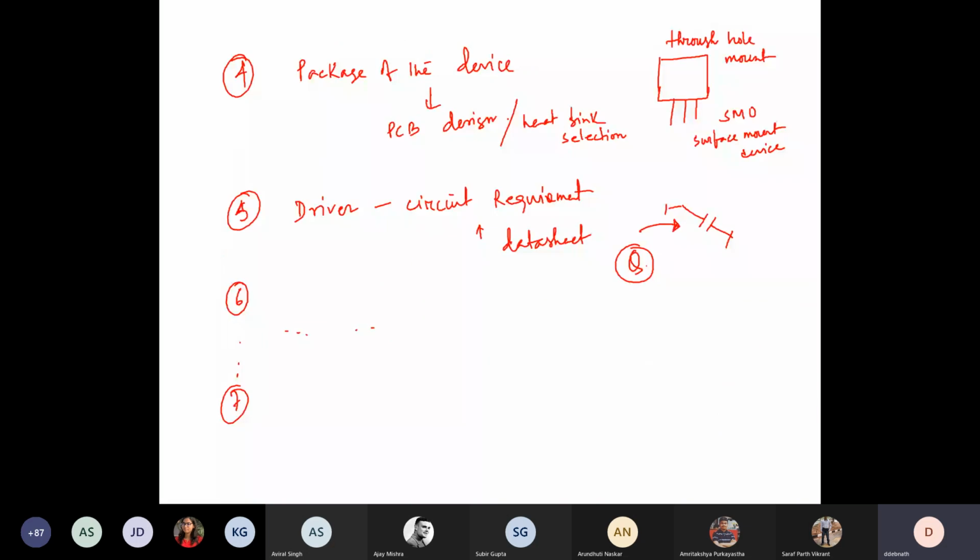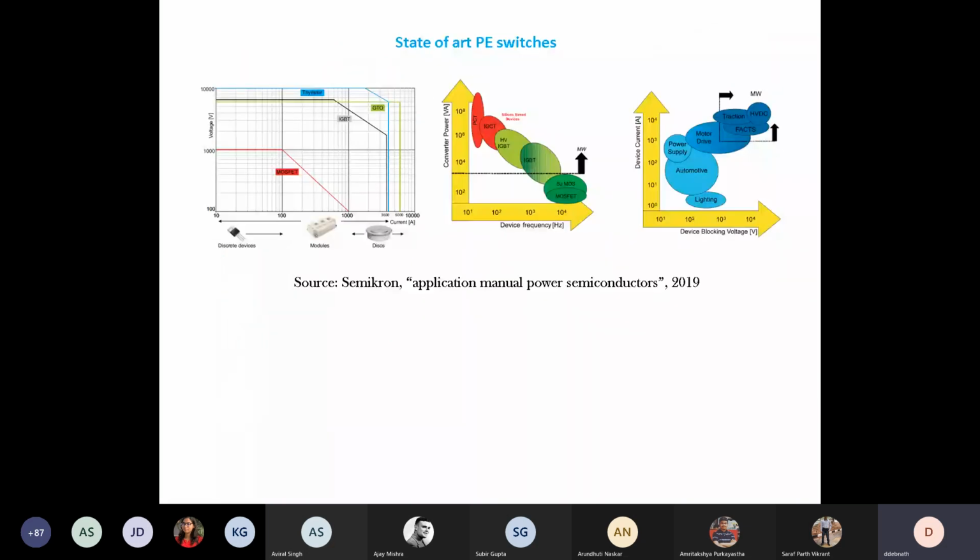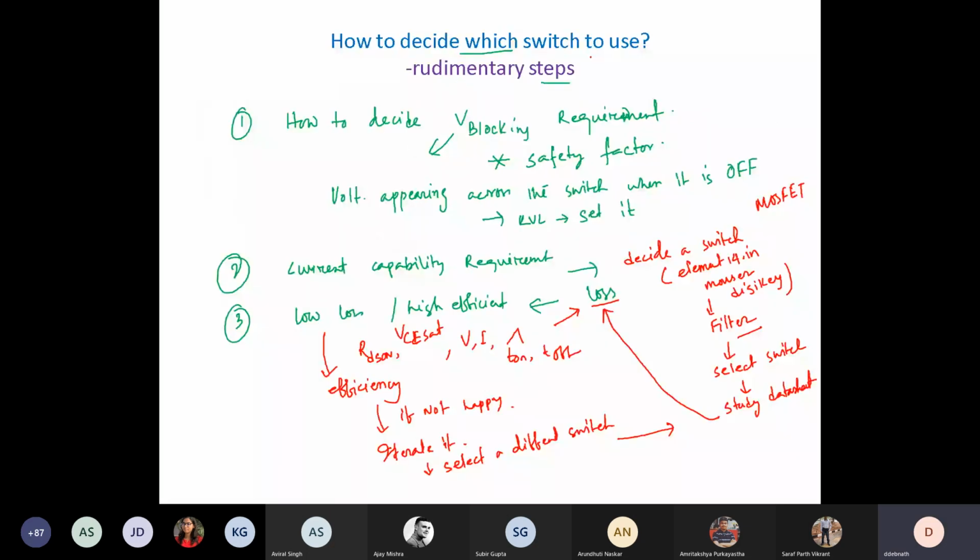And this shows you that now there is a trade-off. As I told earlier, for example, you look at the switching frequency requirement. There is a design trade-off. As switching frequency goes up, your switching loss will also go up.